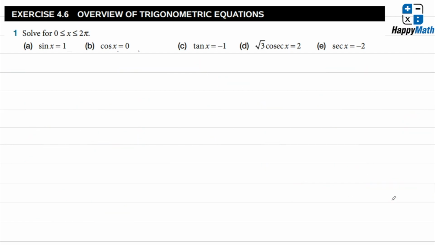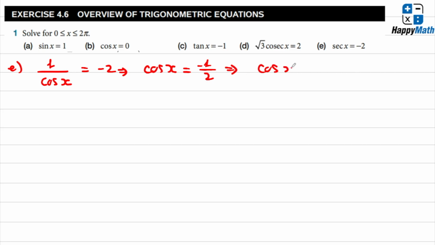Question E, sec. Sec means 1 over cos. So when you have 1 over cos x equal to negative 2, I will take the reciprocal of both sides, and it becomes cos x on the left-hand side and minus 1 over 2 on the right-hand side. And cos x will be shift cos of minus 1 over 2, you get 2 pi over 3.